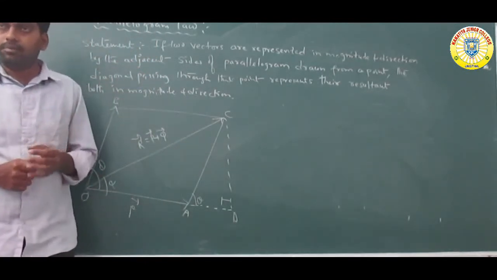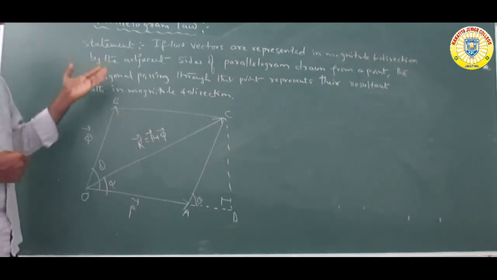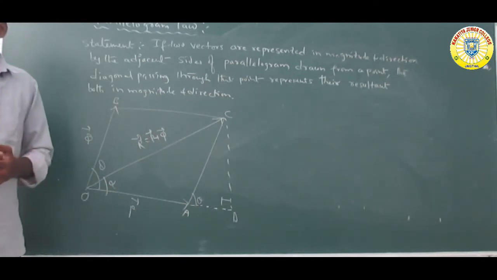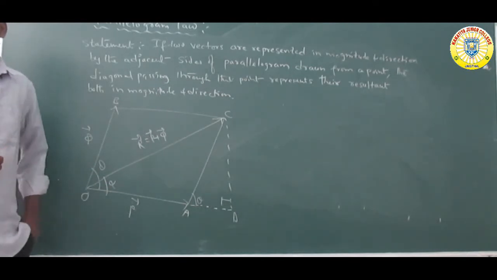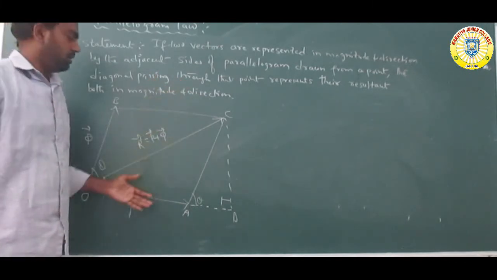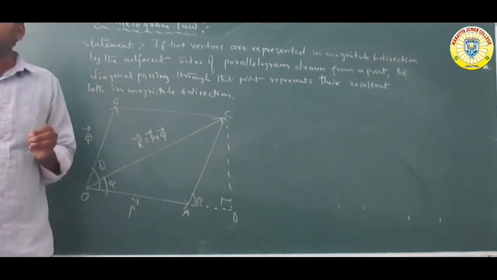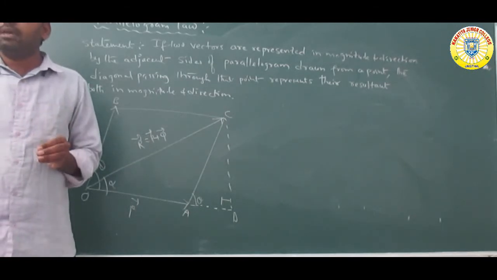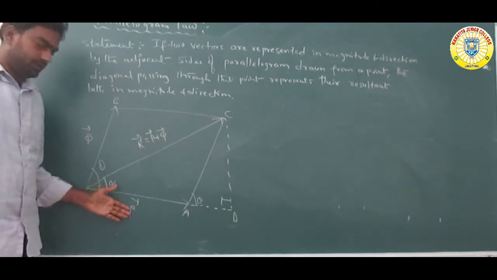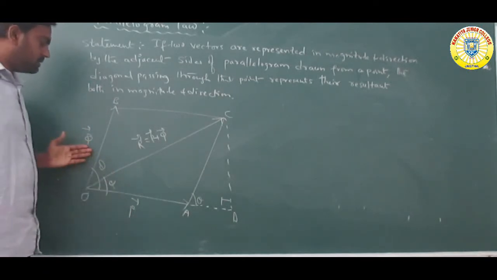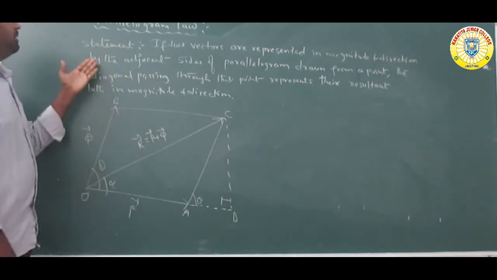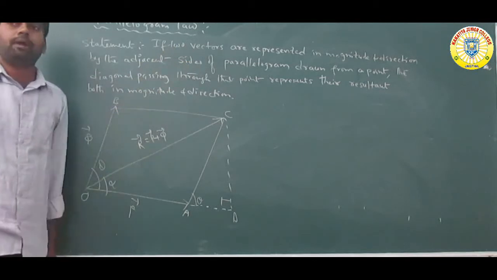So parallelogram law means, if there are two vectors, P vector and Q vector, that are represented in magnitude and direction by the adjacent sides of a parallelogram.